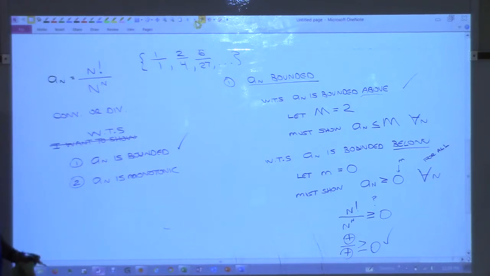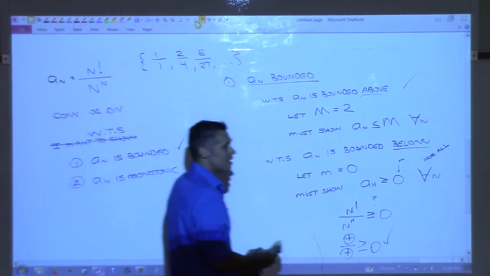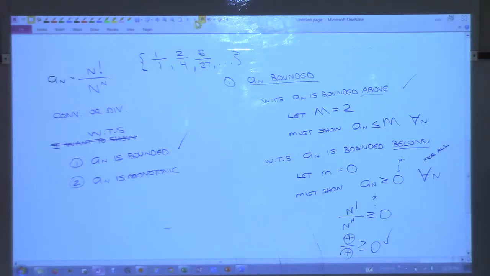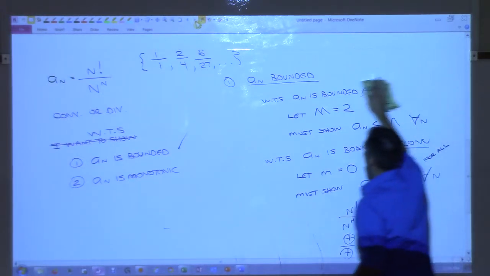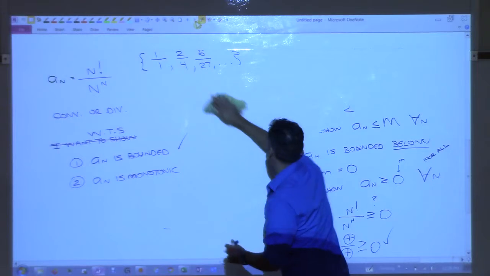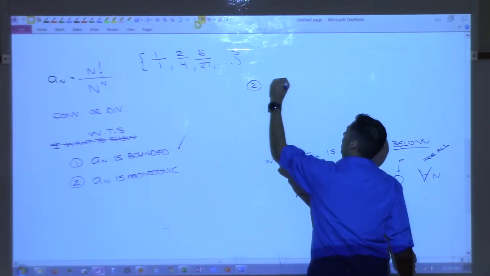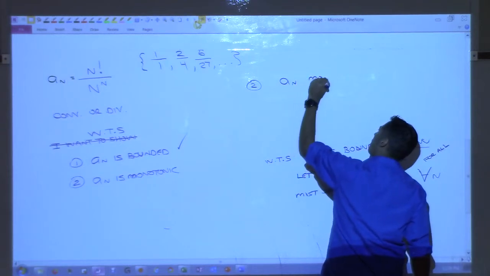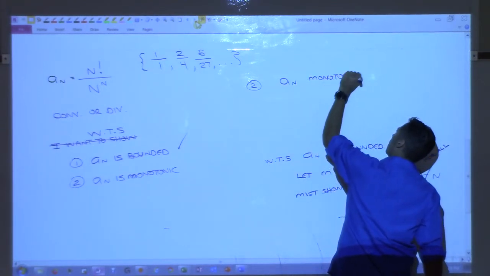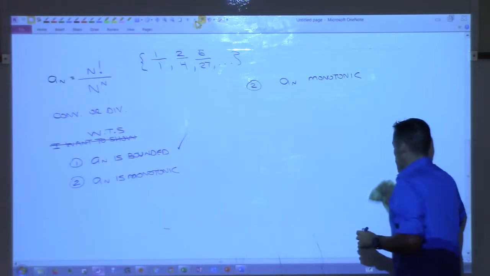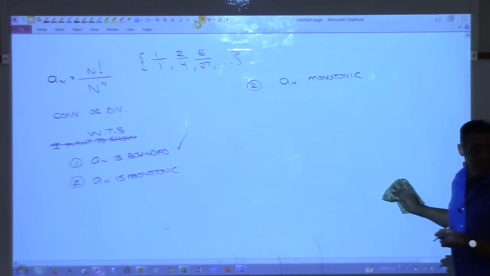So we look at it. What is it doing? Looks like it's getting smaller, right? Starts out at 1, then it goes to 2, then it goes to 6 over 27. So for my second thing to establish, number 2, a sub n monotonic, by inspection, it looks like it's decreasing, right?